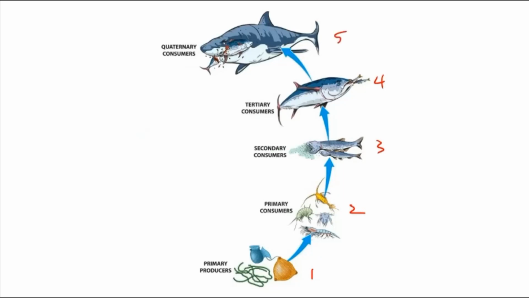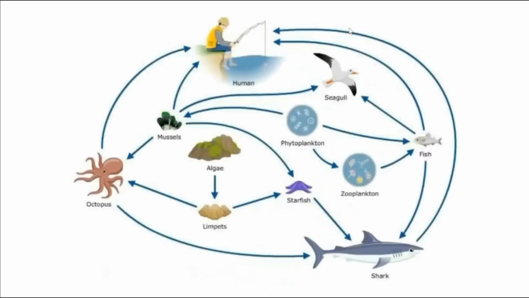So do we have this idea of trophic level? Are we happy with that? Just the position in a food chain? Anyone give me a shout out? Yes. Cool. Excellent. Now, it's not this simple. What we've been looking at so far is just some little simple food chains. It's not that simple because what we actually have is more of a web.